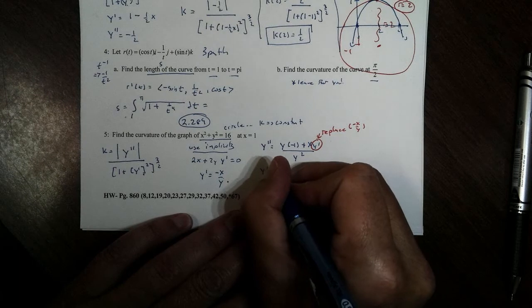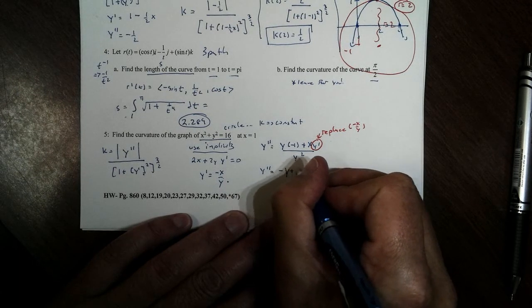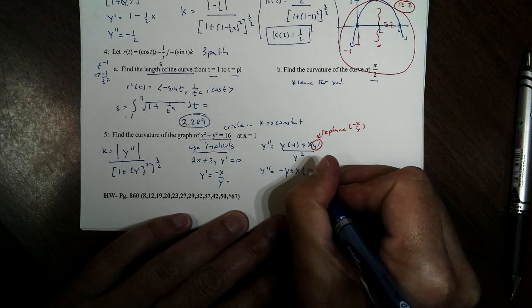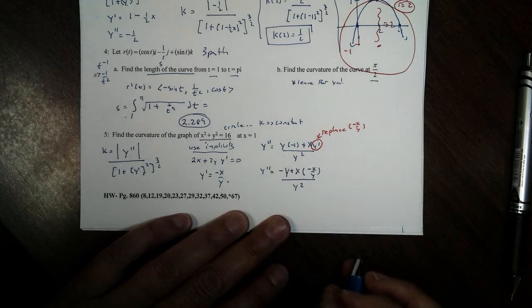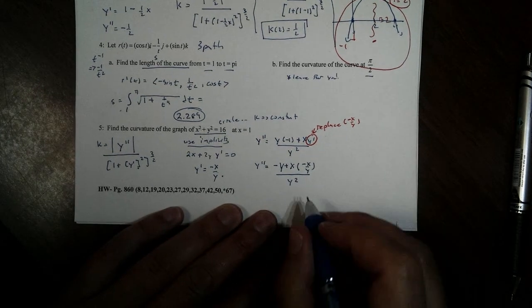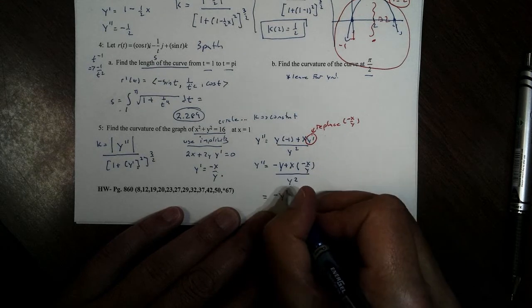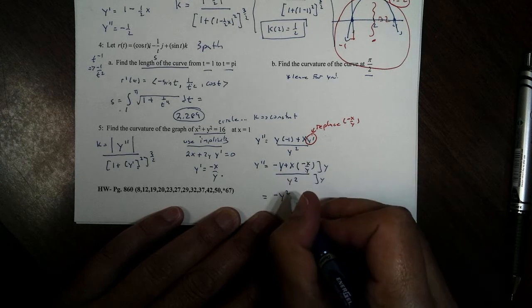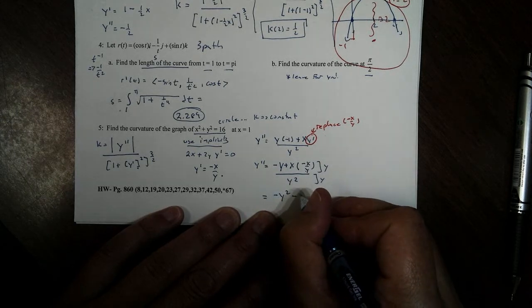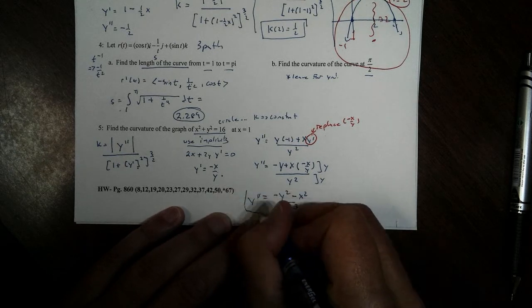So we get y double prime equals negative y plus x times negative x over y, all over y squared. If I simplify that, we get negative y squared, because I multiply top and bottom by y, my LCD, and that becomes minus x squared over y cubed. So there's our second derivative.